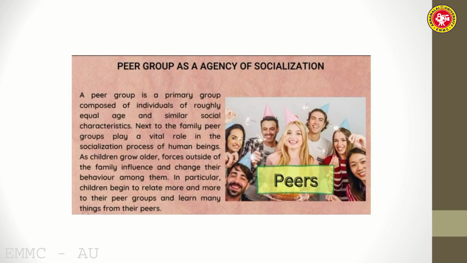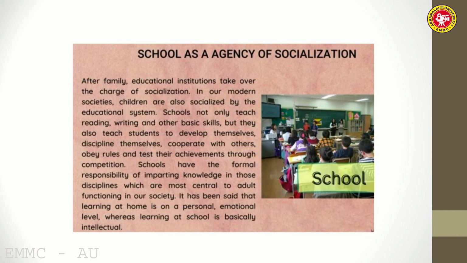As children grow older, forces outside of the family influence and change their behavior. In particular, children begin to relate more and more to their peer groups and learn many things from their peers.